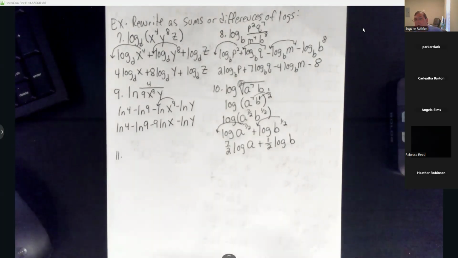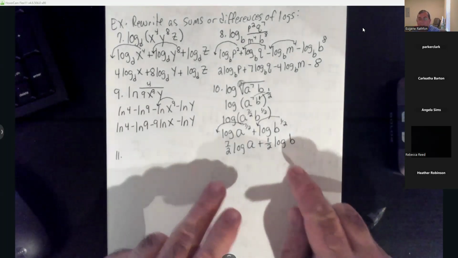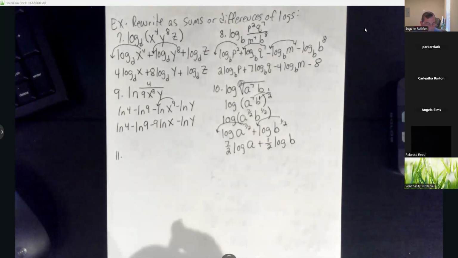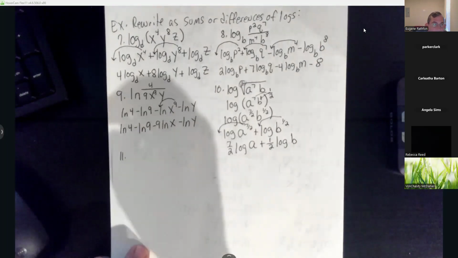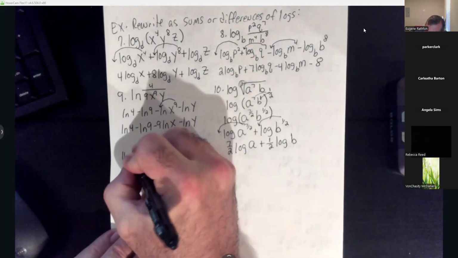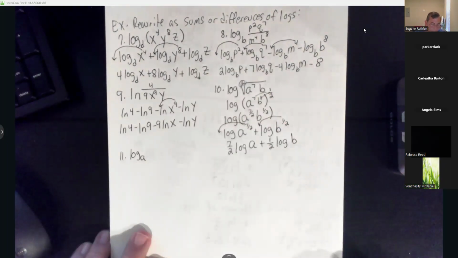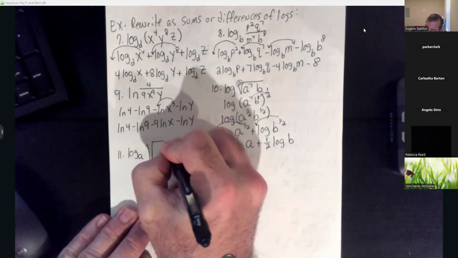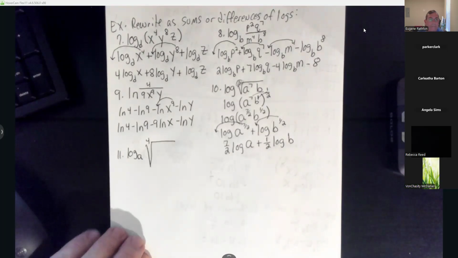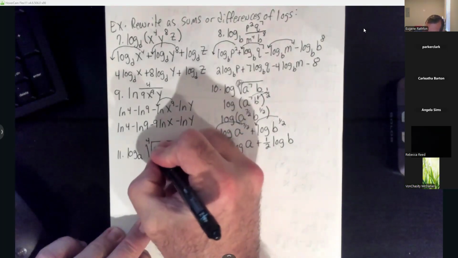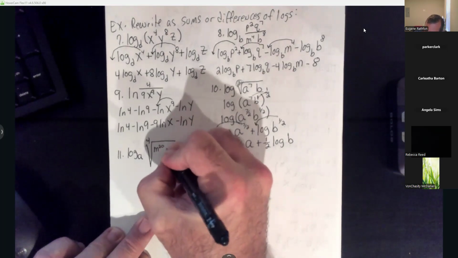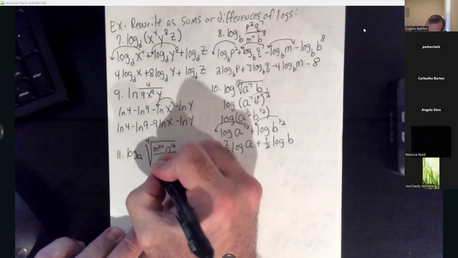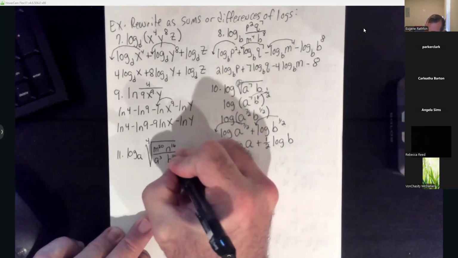All right, y'all, one more going this way, and then we're going to start with these answers and go backwards and rewrite them as a single log in a second, okay? So here's the big one for this section. Log A, and then I've got a big radical with a fourth root of m20 n16 over a to the third b to the fifth.